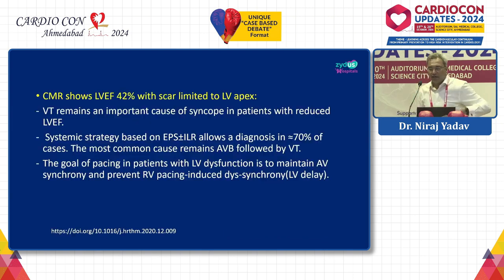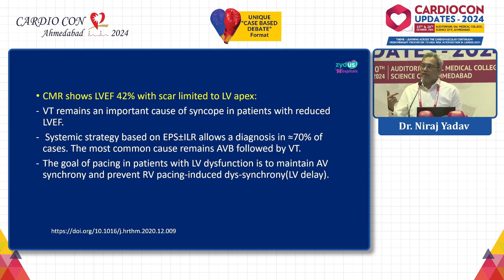In imaging, cardiac MRI has shown ejection fraction of 42% with scar limited to LV apex. Now, any patient who has a structurally abnormal heart with evidence of scar in the heart, VT remains an important cause of syncope in such patients.